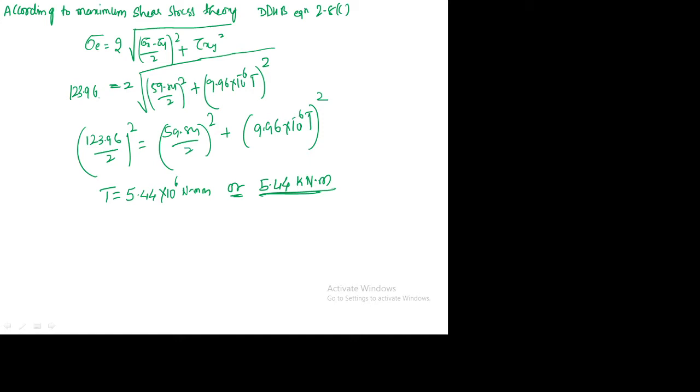Then you need to write a comment here: the maximum torque that can be transmitted by the shaft is T equal to 5.44 kilonewton meter, right? You need to write a comment.